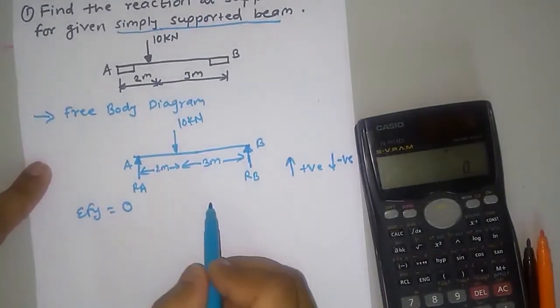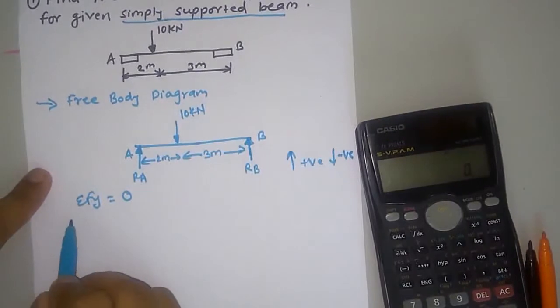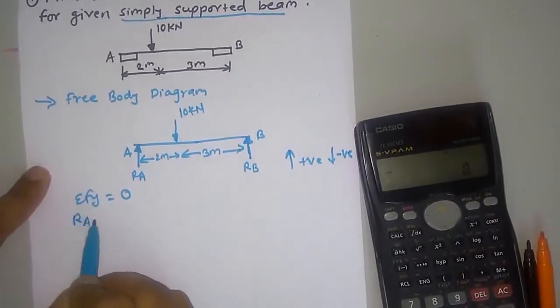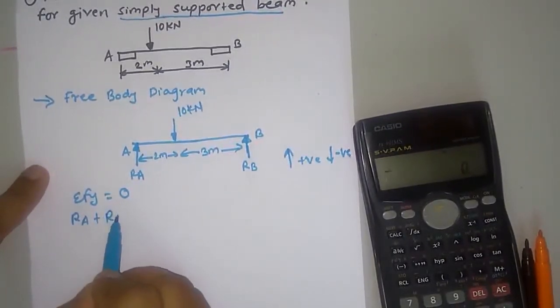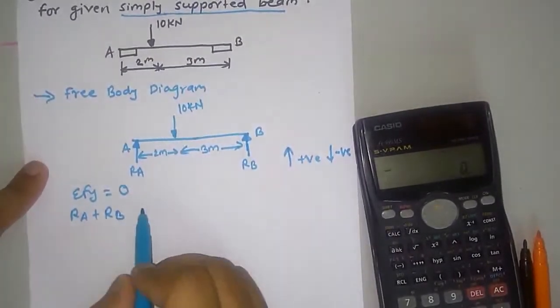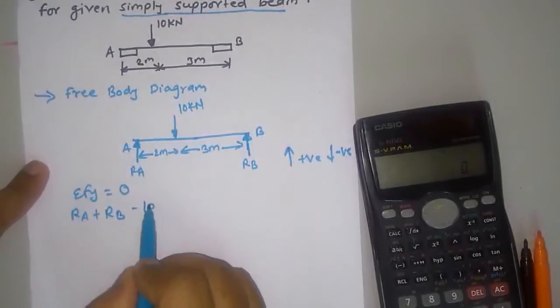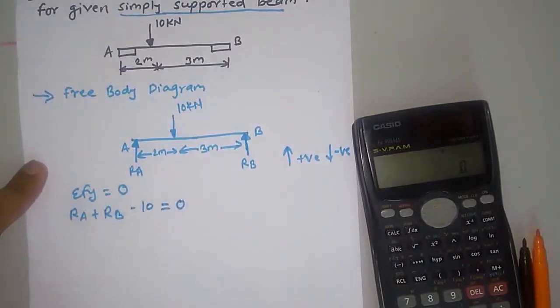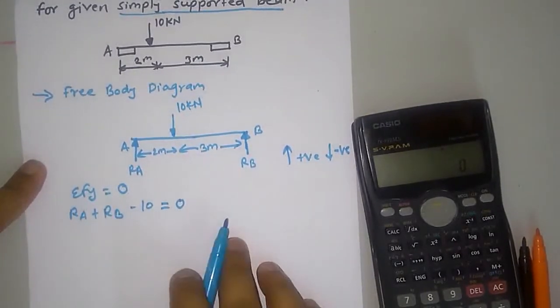RA and RB are upward, so the sign is positive. RA plus RB. What is the sign of this 10 kilonewton? Negative, because it is downward, which is equal to 0. Right, so we got this.